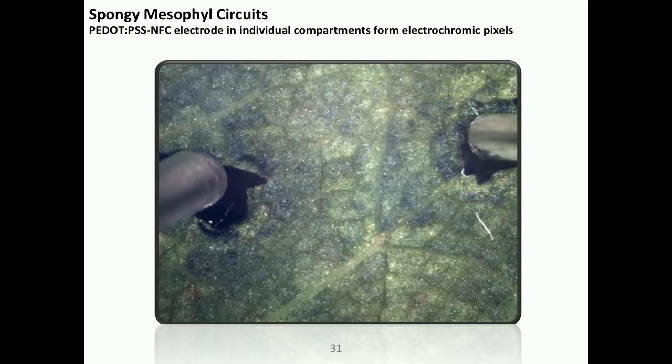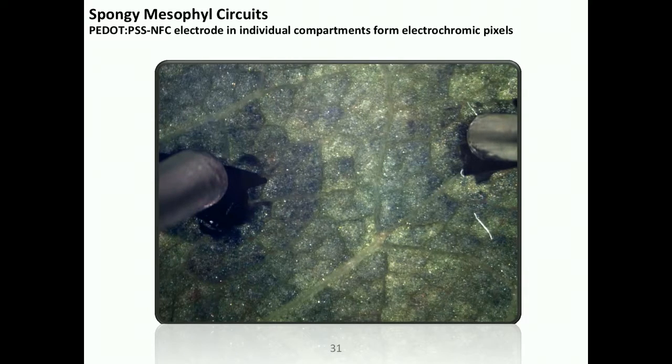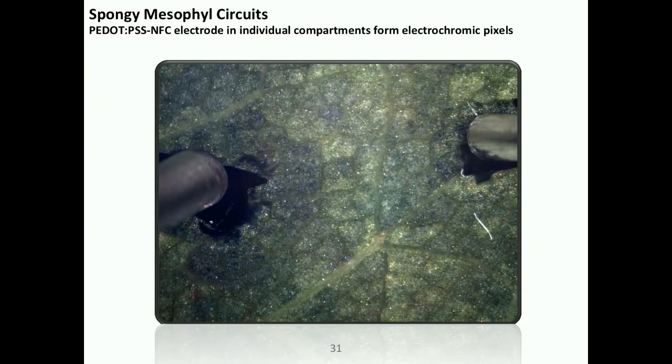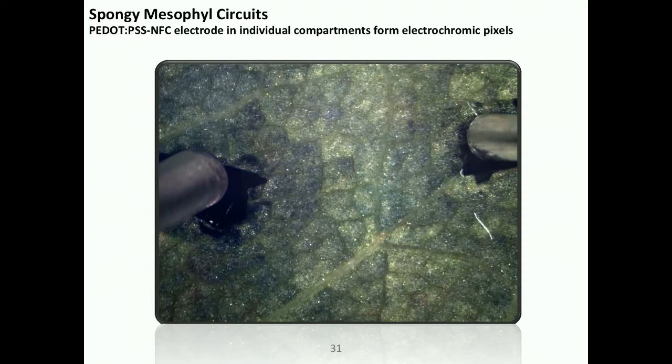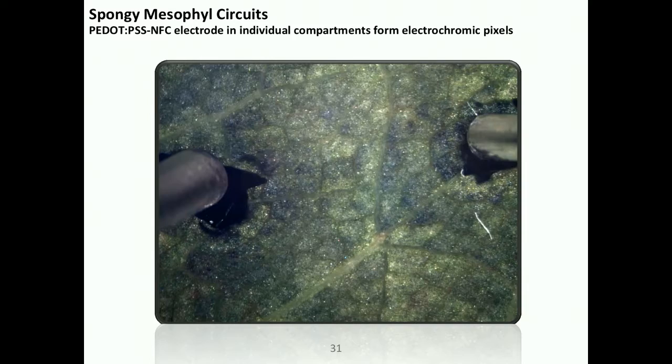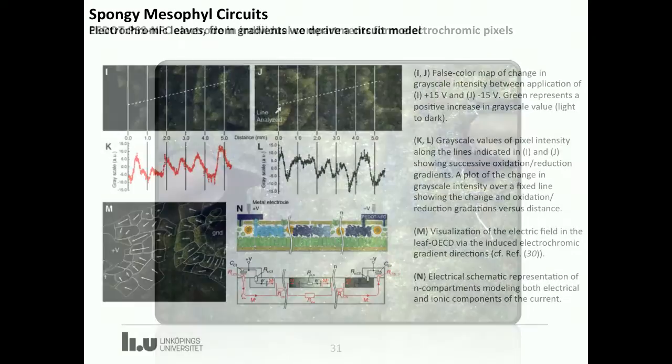When we applied two contacts, we could see an electrochromic effect, because PEDOT is electrochromic. When you change the charge accumulation or oxidation level in the material, you can also change color. So this is an example of an electrochromic leaf where all the display pixels are defined by the veins in the leaf.